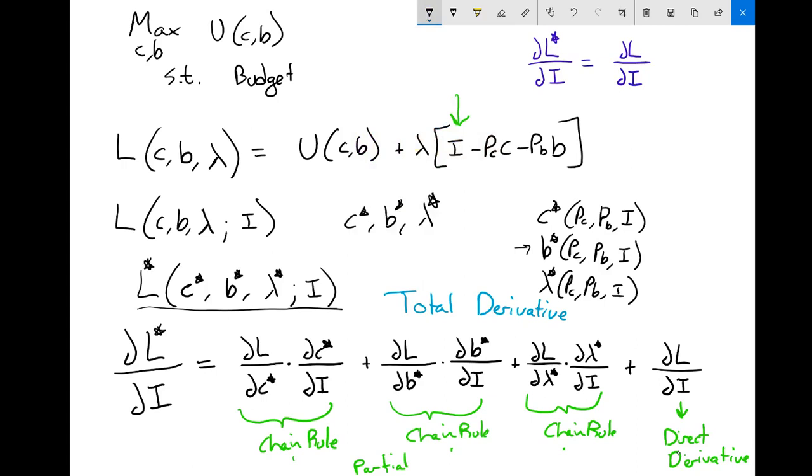So that means if I want to know how income affects this optimal utility, I don't actually have to do this whole monstrous total derivative. I only need to do the direct derivative.